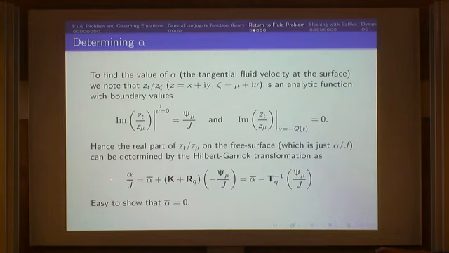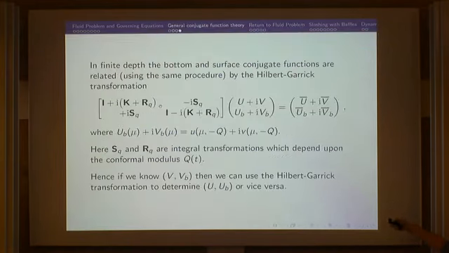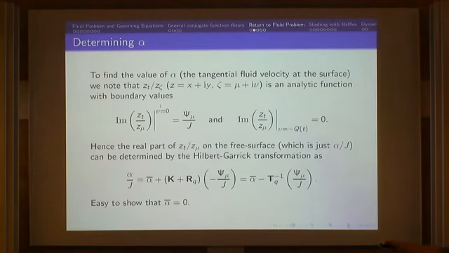So in that case, alpha over j just becomes its mean part plus this operator, and the imaginary part on the bottom is 0, that is, VB is 0. The terms you have left are this operator k plus rq acting on this function here, which is v on the free surface, and then we write that as some alpha bar, and we just write this operator here as tq inverse.